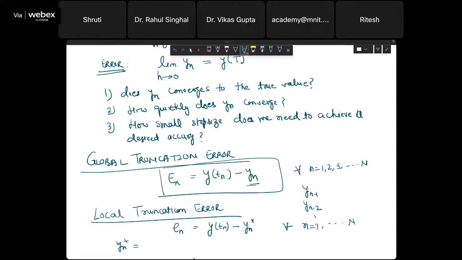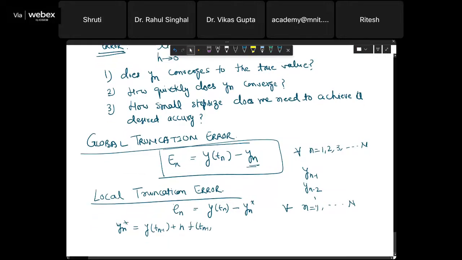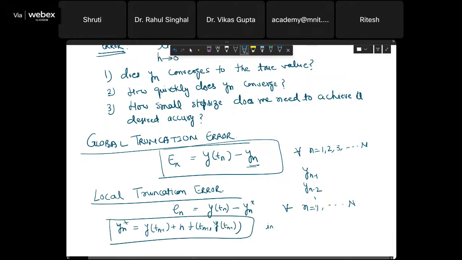So we can say that it is nothing but y at Tn minus 1 plus h f of Tn minus 1 comma y of Tn minus 1. This is for the Euler method.